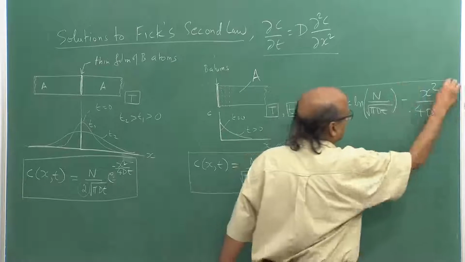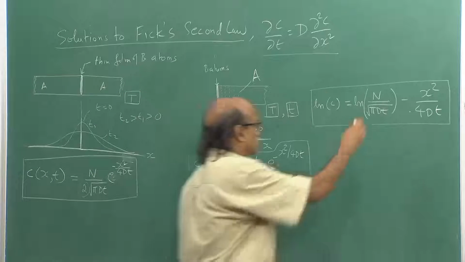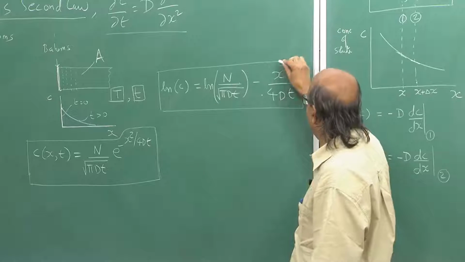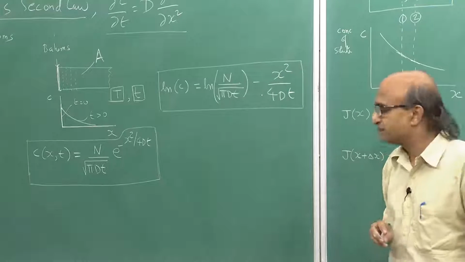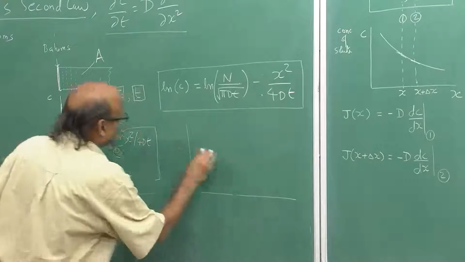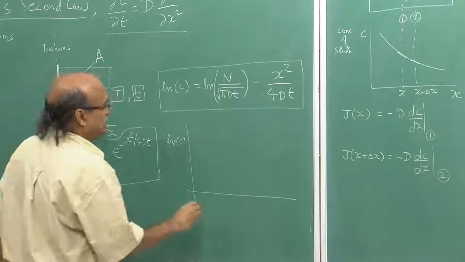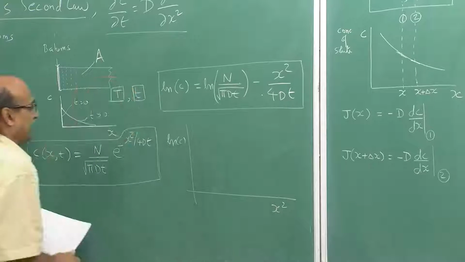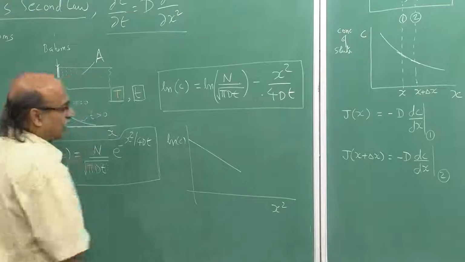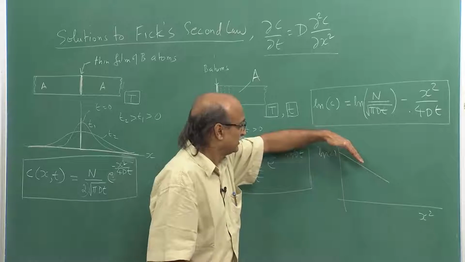So, taking natural logs on both sides, this suggests that the log of the concentration should linearly vary with the square of the distance. So, if I were to plot that experimental data in the form of log C versus x square, I should get a straight line like this.